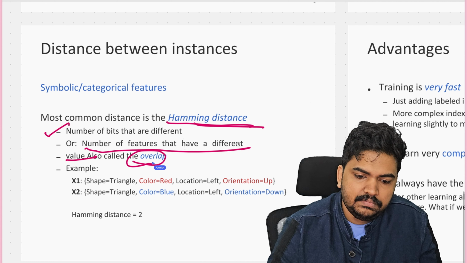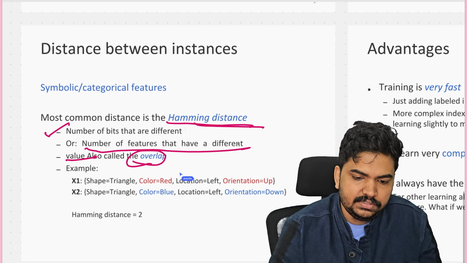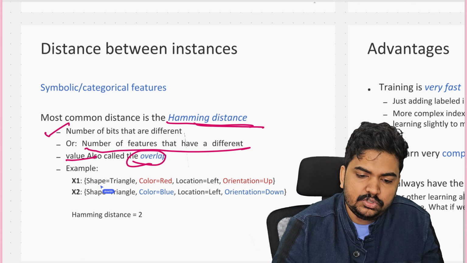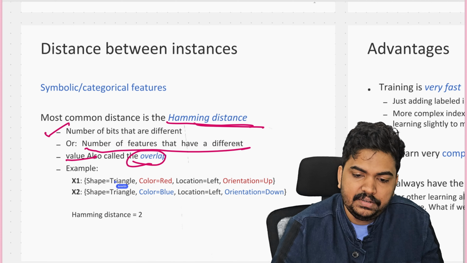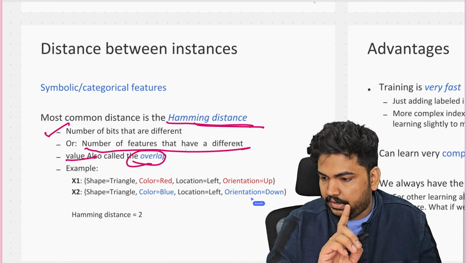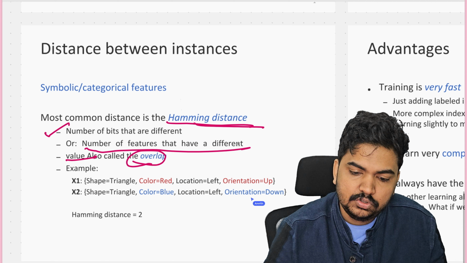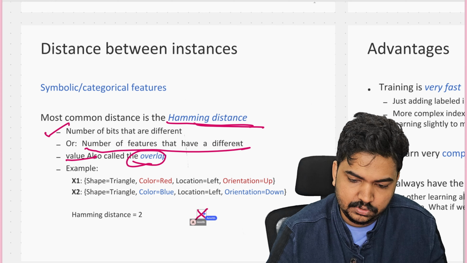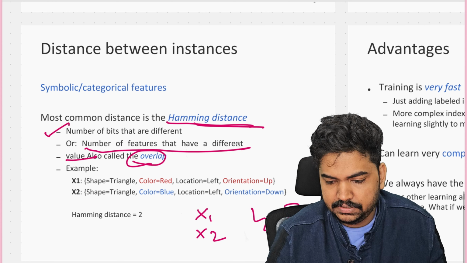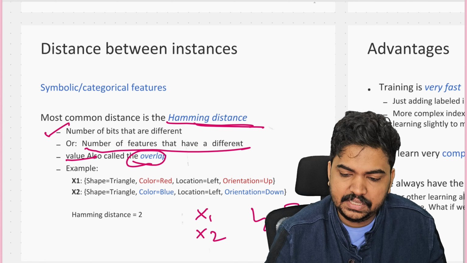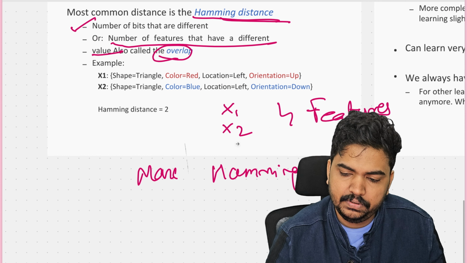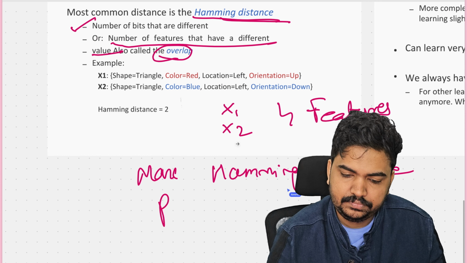So in this case, we can see that there are 3 features. So the maximum Hamming distance can be 3, of which x1 and x2 have the same shaped triangle, but they differ in their color and orientation. So I will correct it here. I think I missed something. This is a representation of 2 input data points x1 and x2, and we have 4 features. So the maximum Hamming distance possible would be 4.